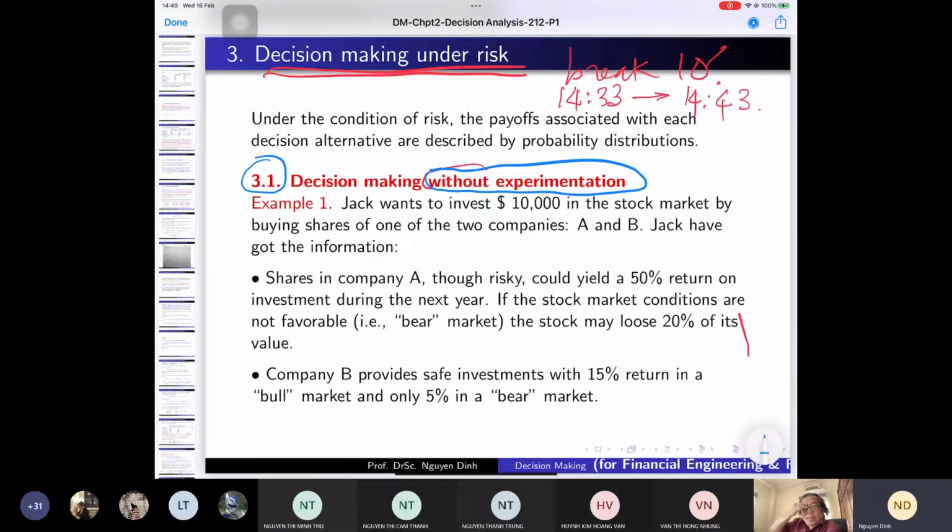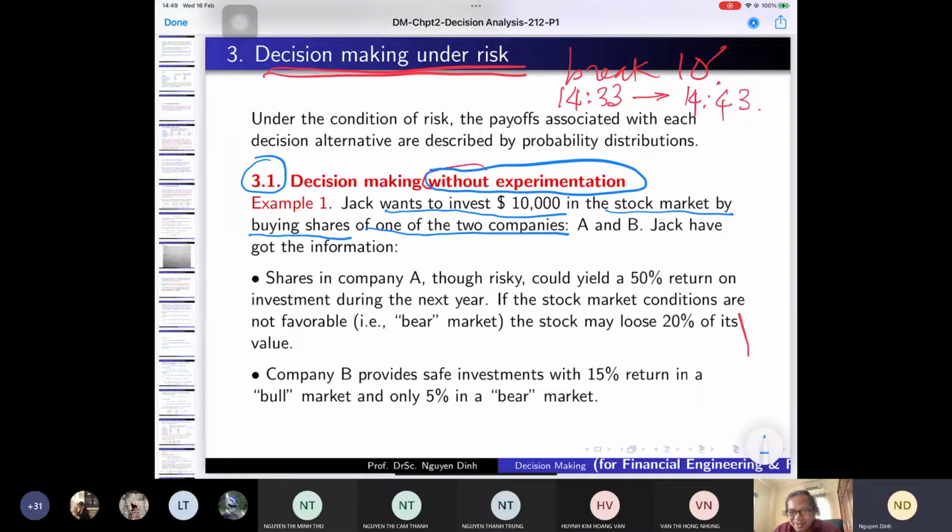And we study the theory via a typical example, okay? Jack wants to invest $10,000 in the stock market by buying shares of one of two companies. You know the stock market, you know that word.